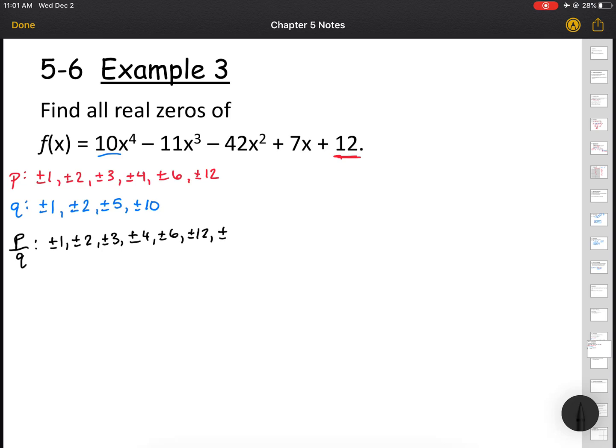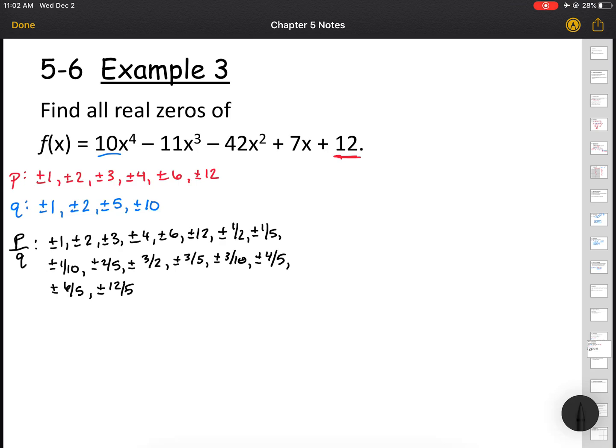Okay, and then if we look at a half, a fifth, a tenth, and then starting with the 2, 2/5, and we go to the 3, 3/2, 3/5, 3/10, and if we move on to the 4, 4/5, moving on to the 6, 6/5, and then finally the 12, 12/5.